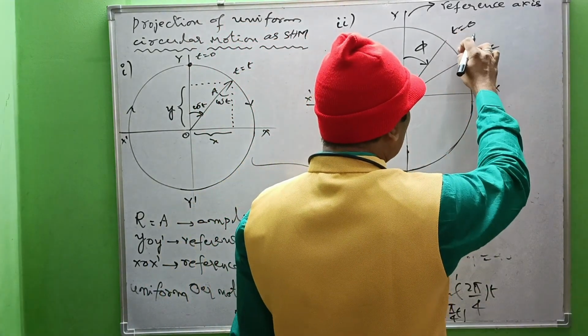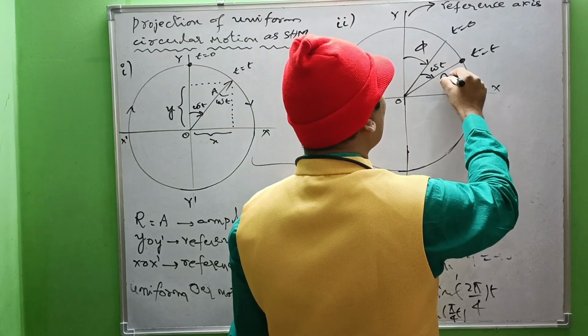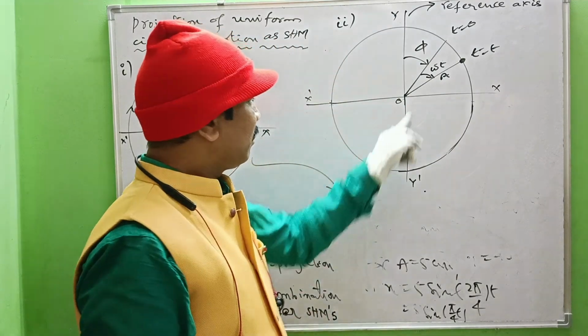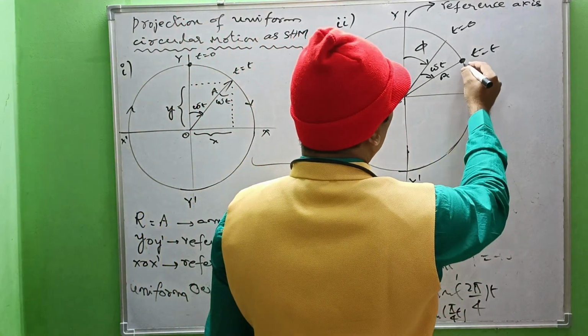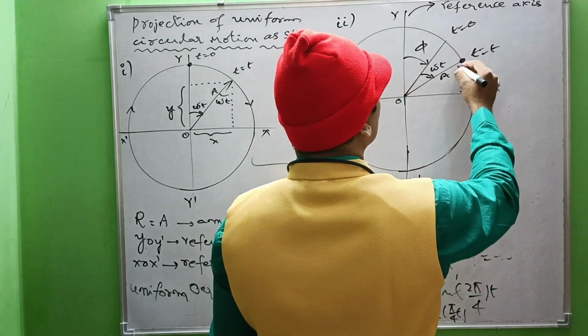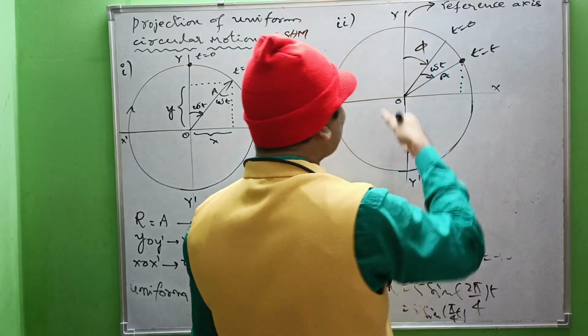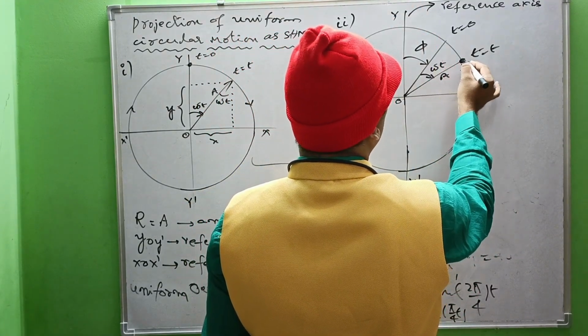So within the time interval, what is the phase angle here? Omega t. This is the amplitude A, the radius itself. Now try to draw a normal onto the x-axis here, and one more normal onto the y-axis also.